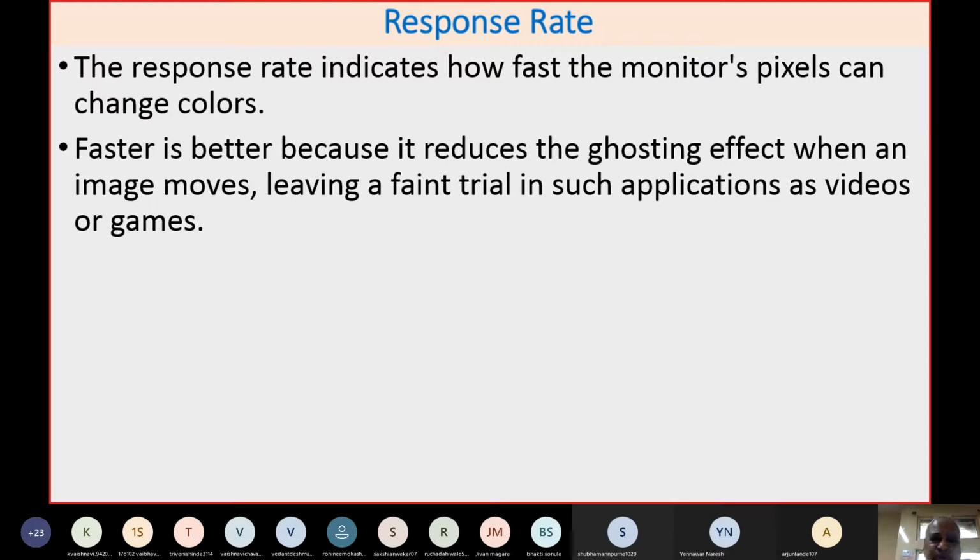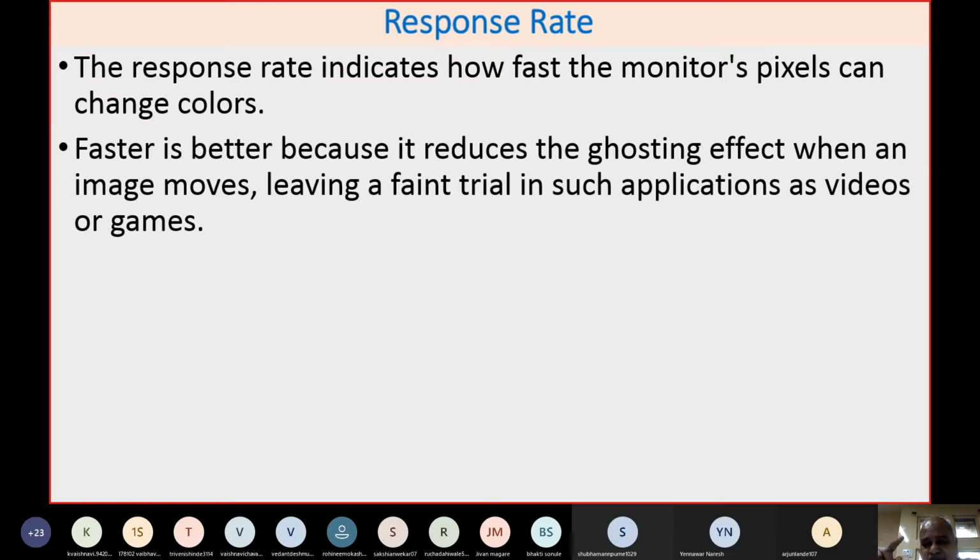The response rate means the number of frames that can be shown per second. If the number of frames shown per second is increased, then obviously flicker will be reduced. If flicker is reduced, normally you will have very clear pictures between the frames. That means the possibility of a ghosting effect will almost be removed, and you will not have any trail remaining of an earlier frame in the next frame.